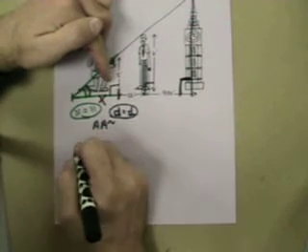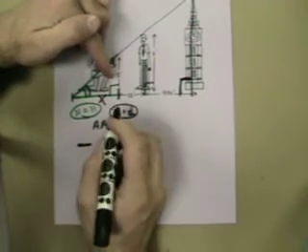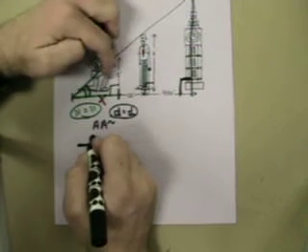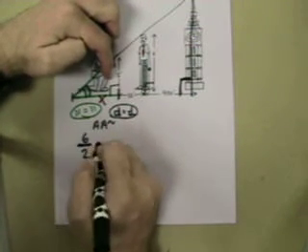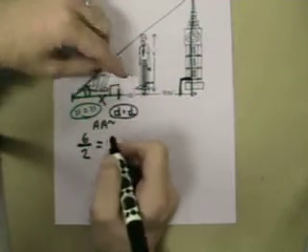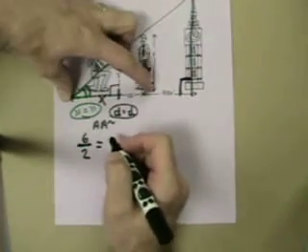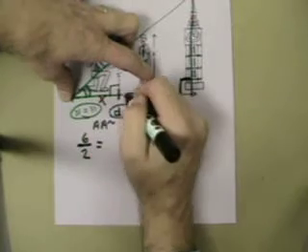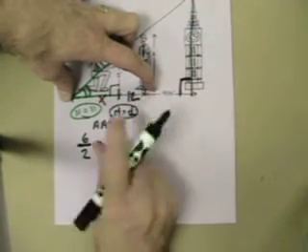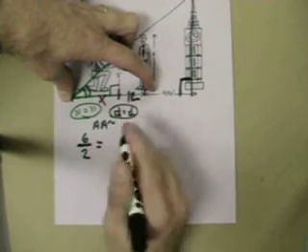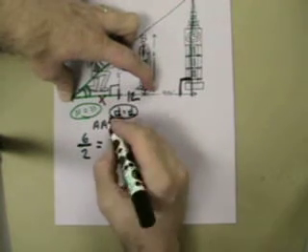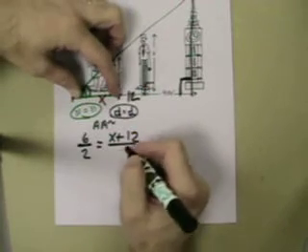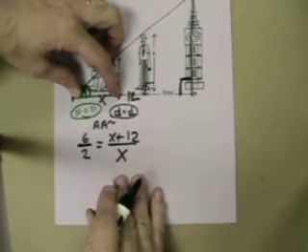I'm going to use the proportions, which I can use now that I know that they are similar. I'm going to say that 6 corresponds to 2. And be careful here: this length here is x plus 12. 12 is what's in the drawing, so x plus 12 is that length, and the shorter length is just x.